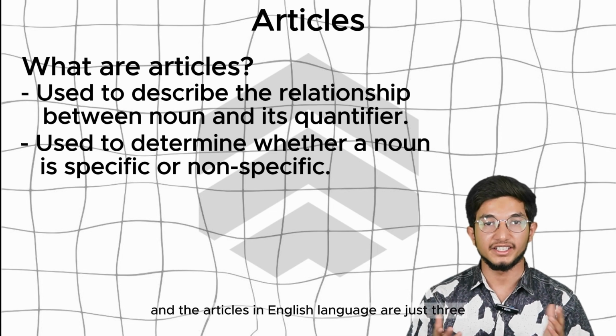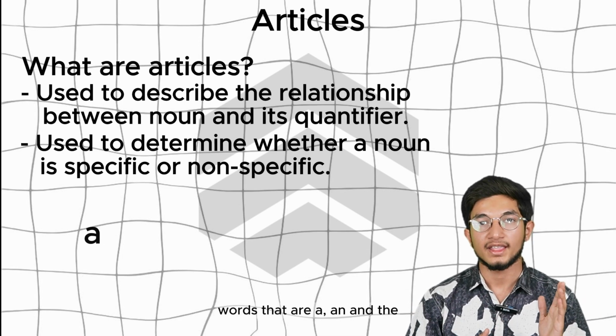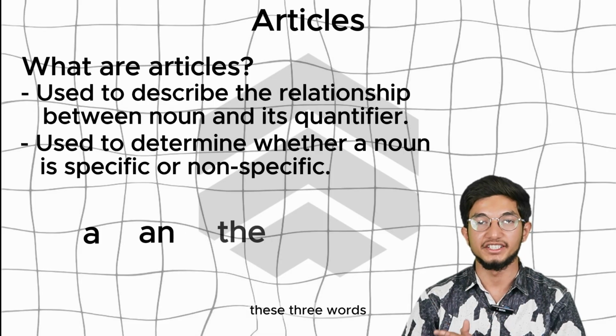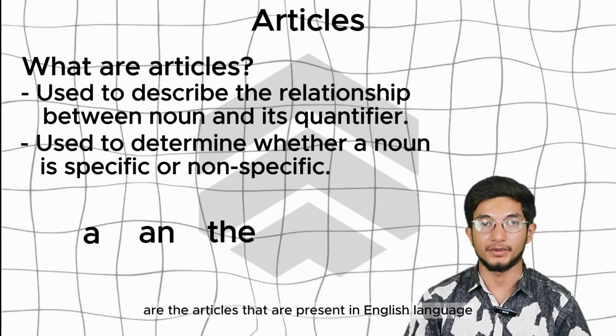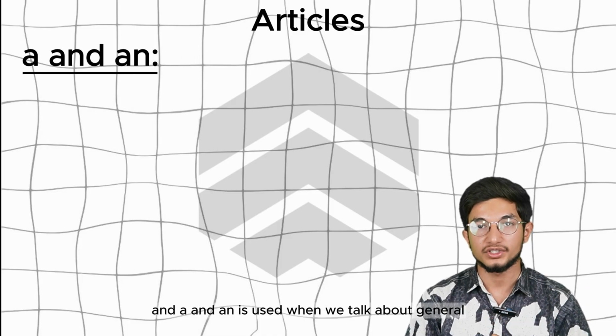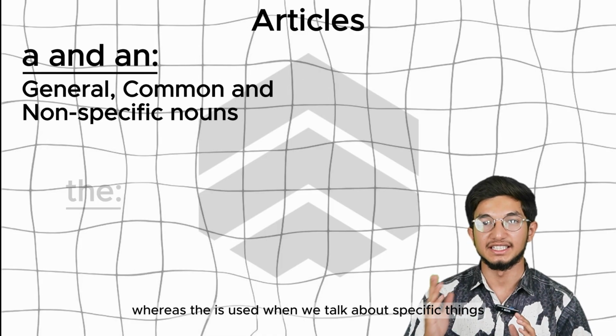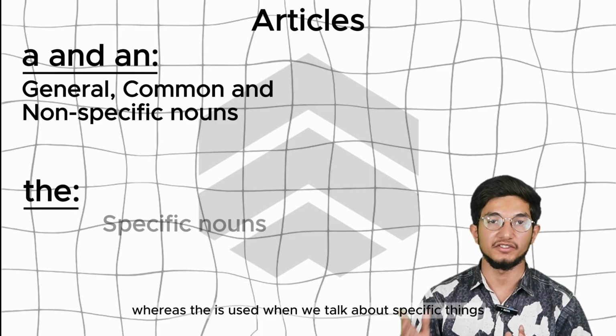And the articles in English language are just three words: a, an and the. These three words are the articles that are present in English language, and a and an are used when we talk about general or common things, whereas the is used when we talk about specific things.